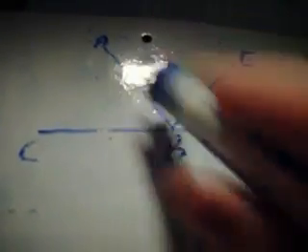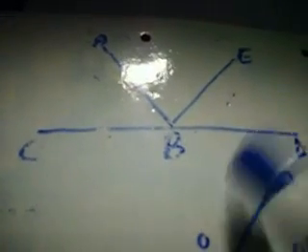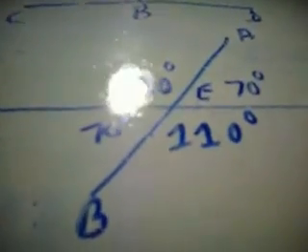And that's because ABE is a part of angle ABD. Therefore, line BC and line BD could be placed on top of line CD. End of story.